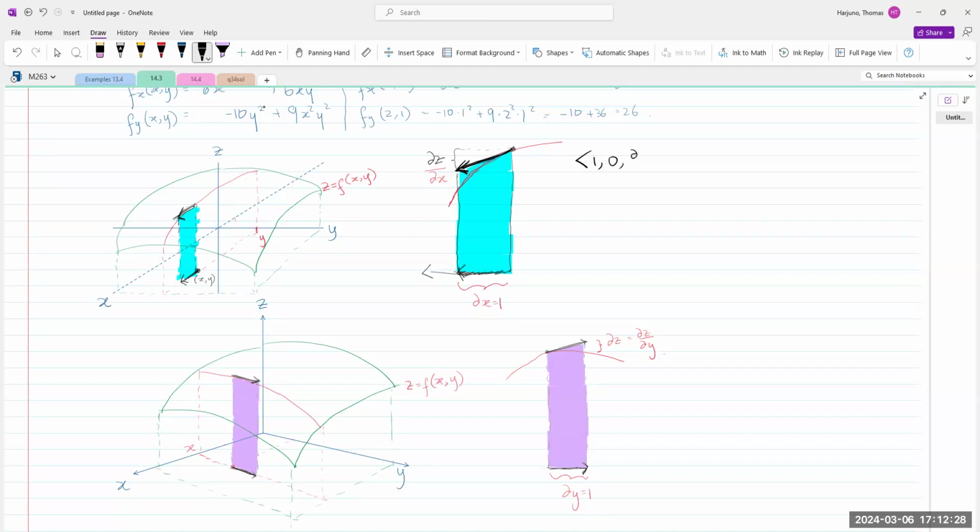Or you can also say dou f dou x. While this factor here is 0 in the x direction, 1 in the y direction, and dou z dou y in the z direction.